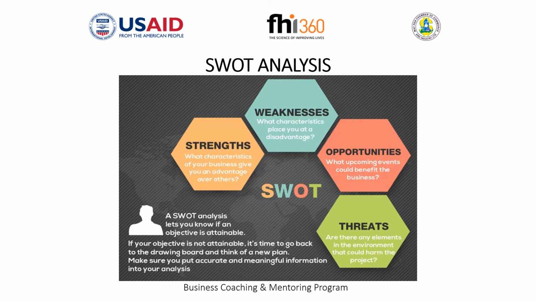Then you want to look at the threats. So the threats are any elements in the environment that could harm your business? What are some of the things that could threaten your business, that could really harm your business? And as I said, these are things that you have no control over. So some examples of threats could be natural disasters.